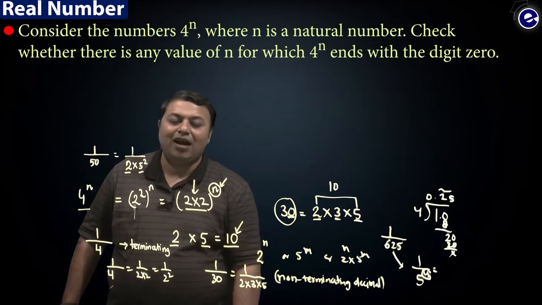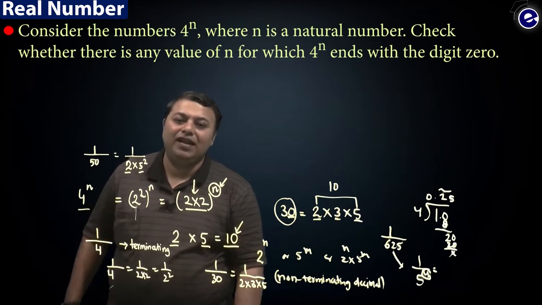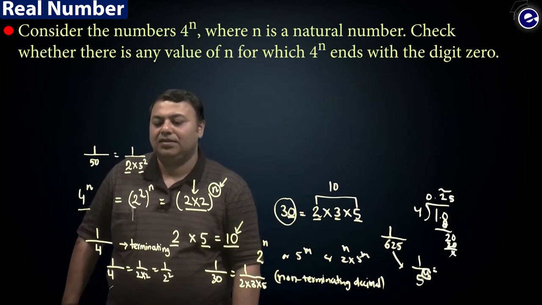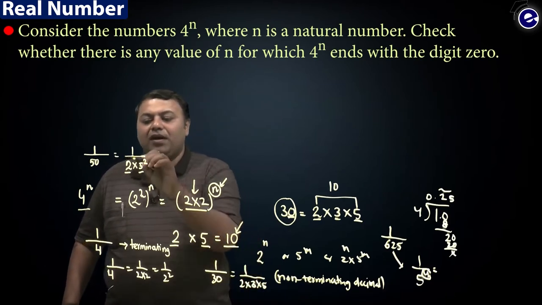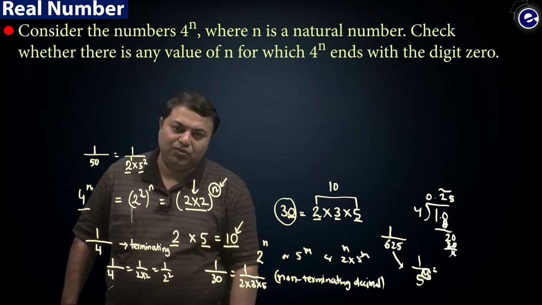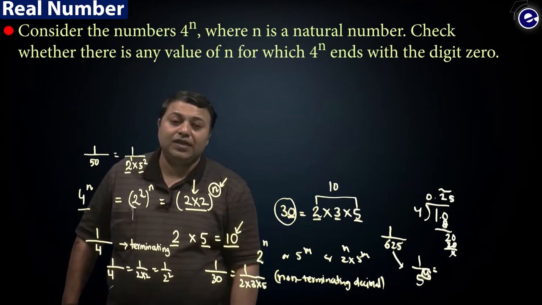Because we don't have any other prime factors except 2 and 5. The next thing, after how many places will it terminate? That is the question you should ask. So what is the power of 2? Here 1. What is the power of 5? It is 2. Now the question is, without actually calculating, is it possible to know after how many places it will terminate?